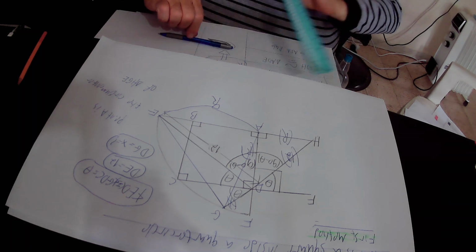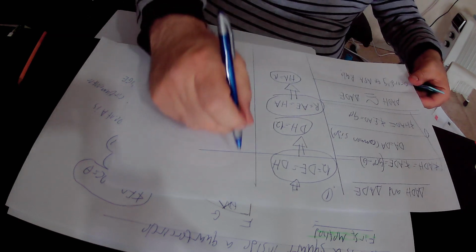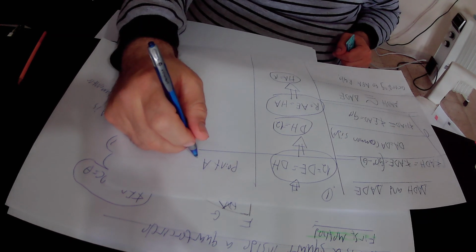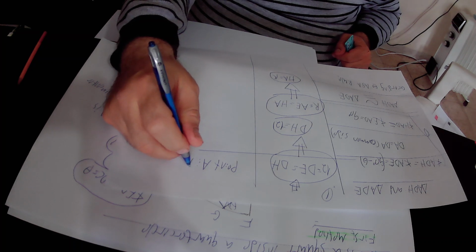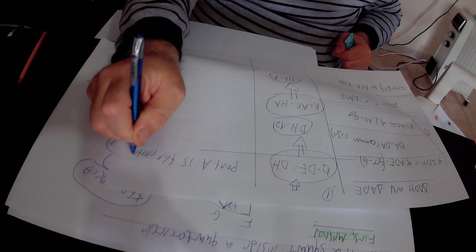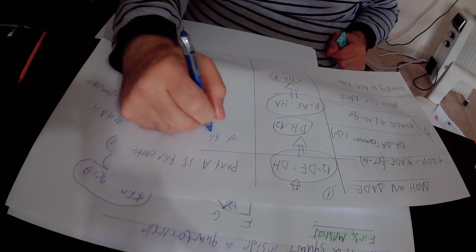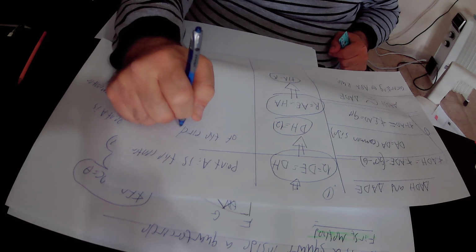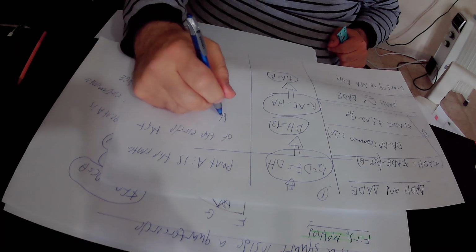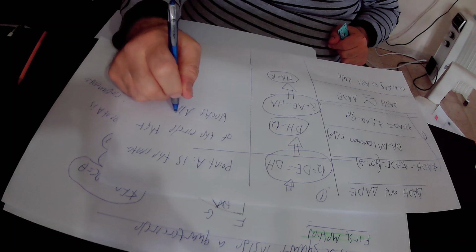And therefore, point A is also the center of the circle that blocks triangle HGE.